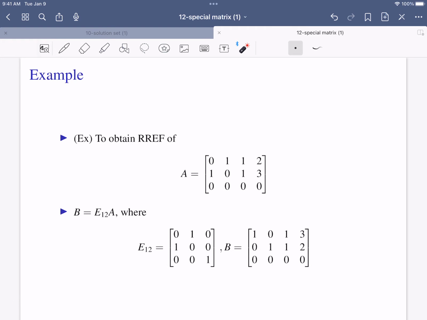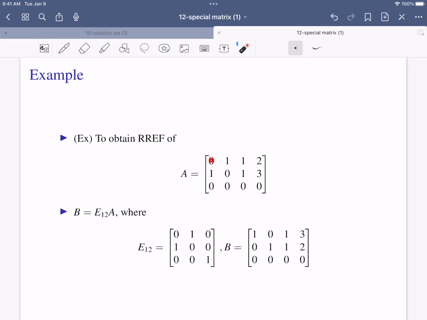So we have examples. Suppose you have A, and I want to change this into RREF. For the first step, I saw that the first column is 0, 1, 0, and the first entry is 0.